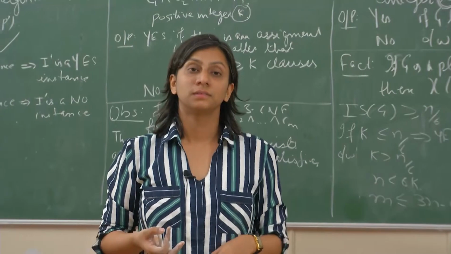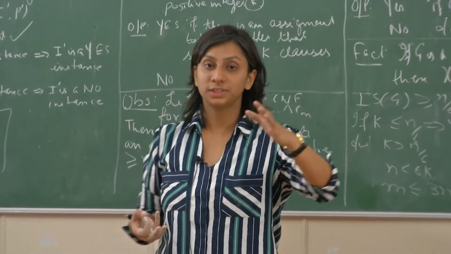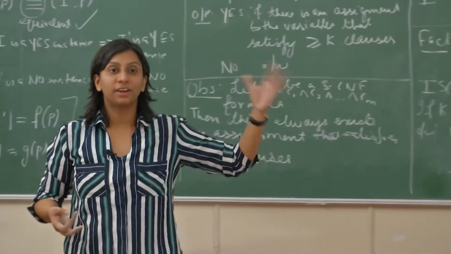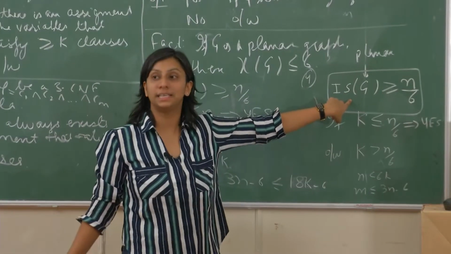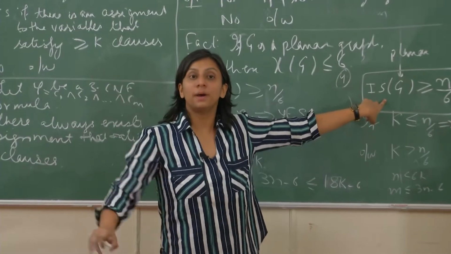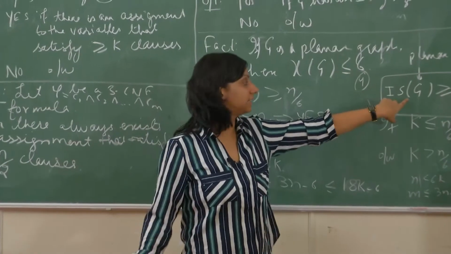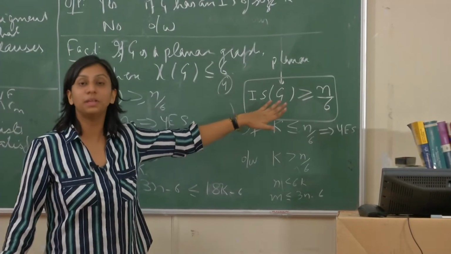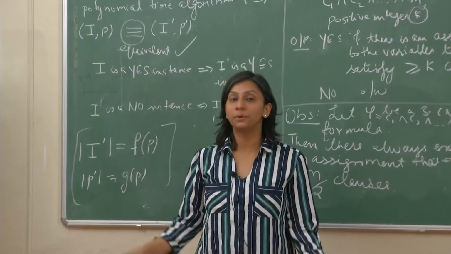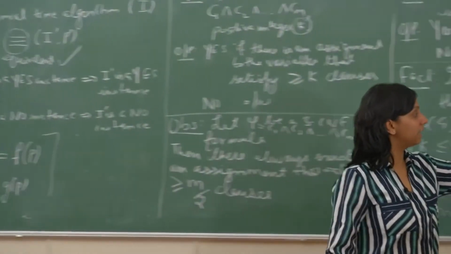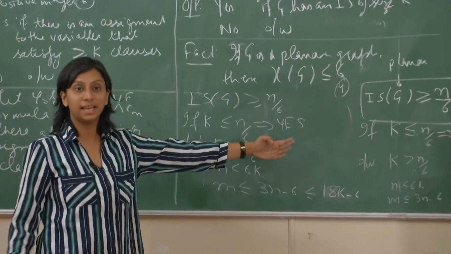Exactly the point. So see, we looked at the coloring only to observe that this is always the case, right? No matter what planar graph you give me, this is always the case. That's all we use the coloring for. The pre-processing algorithm will not go compute the coloring. It will just check if k is at most n by 6, and it will say yes.